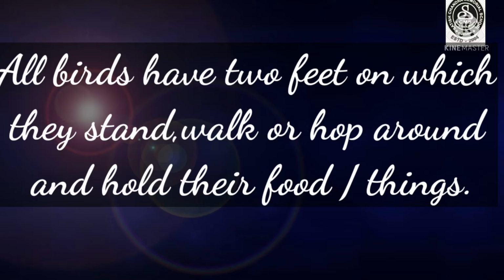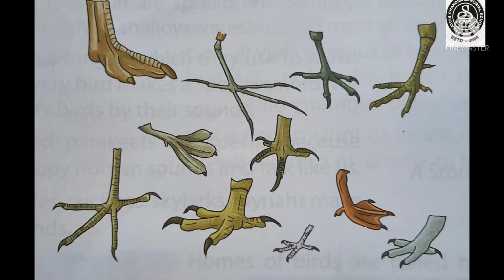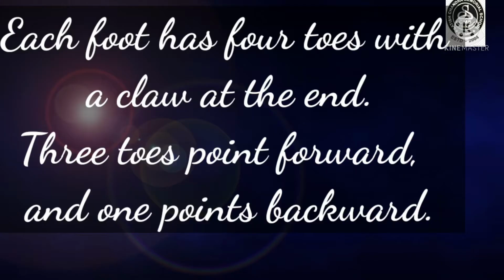Okay, see different types of feet, children. All birds don't have similar types of feet. All are having different types of feet. Each foot has 4 toes with a claw at the end. 3 toes point toward the forward and 1 points towards the backward.